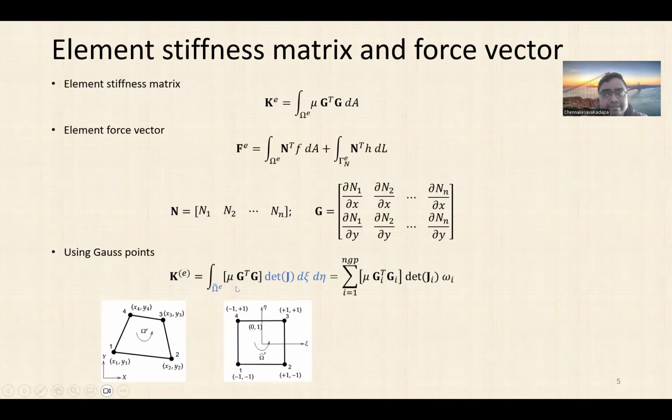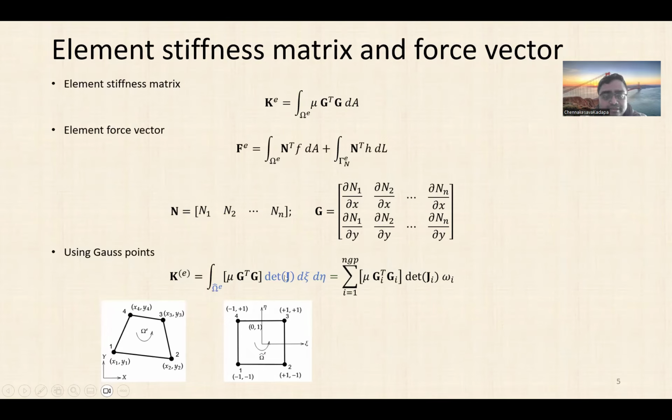For example, let us say we have a 4 noded element. It has 4 nodes, and in the local domain our parent or local coordinate system is xi and eta. So we map the integral from the physical coordinate system omega e to the local coordinate system omega hat e.